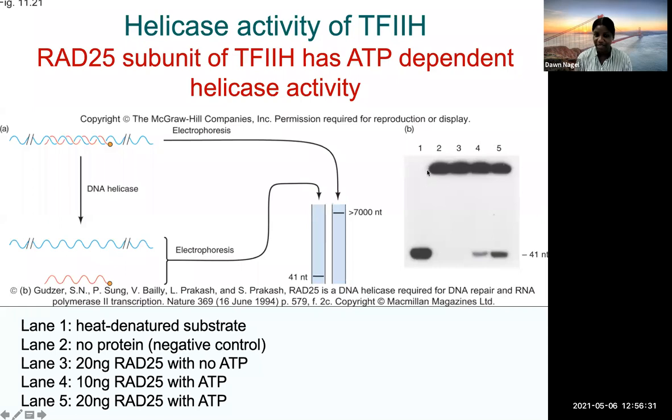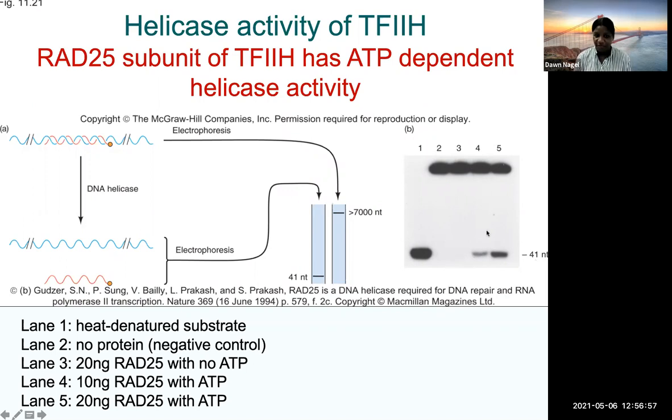So the band remains high because there's no protein to unwind it, okay? Lane 3 is also the RAD25, so it has the subunit, it has the helicase activity, but there's no ATP, and this activity is dependent on ATP, right? So you don't get this separation as well, okay?